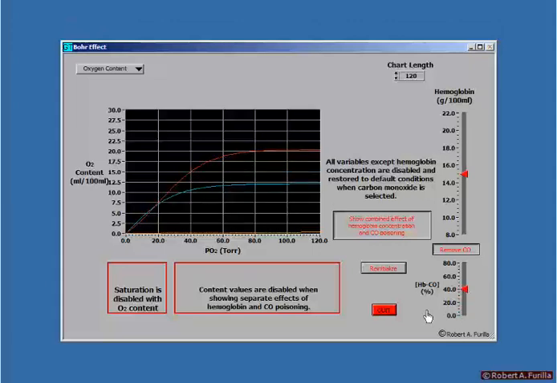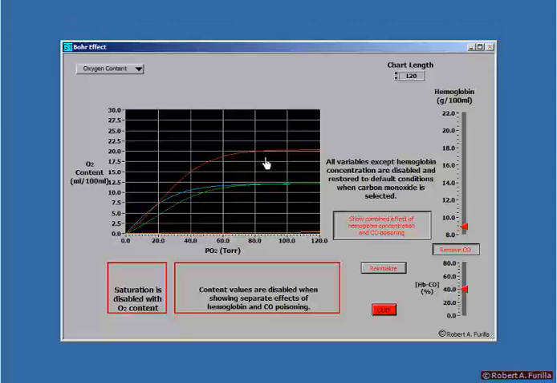I now have my 40% of hemoglobin bound to carbon monoxide, and I'm going to also make it anemic. The individual is now anemic to the point where the two curves line up. So in each case, we're down to about 12 volumes percent. But notice the difference.